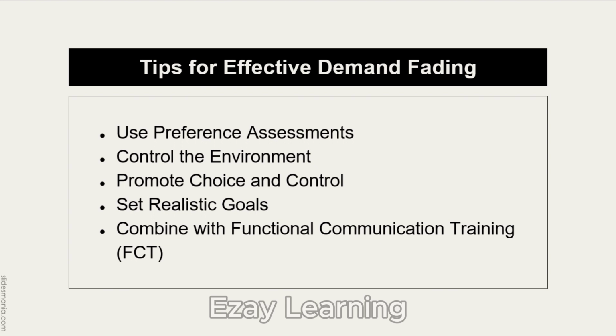You should allow the individual to make choices about the task, for example, the order of steps, to increase their engagement. Also set realistic goals. Ensure each step in the fading process is attainable for the individual. Combine with functional communication training. Teach appropriate ways to request a break or assistance, reducing reliance on escape behavior.